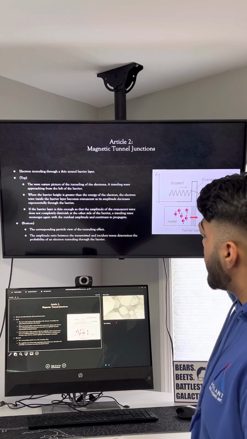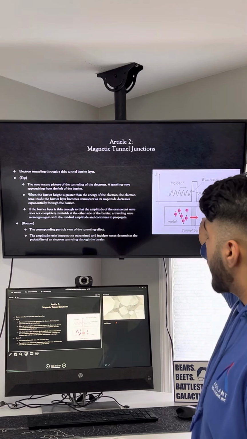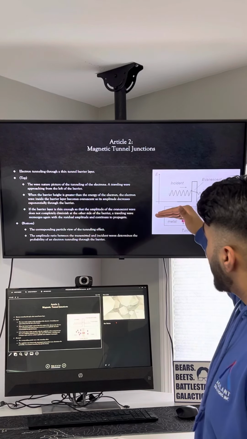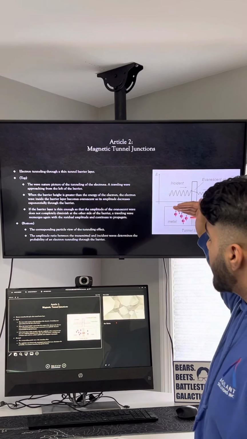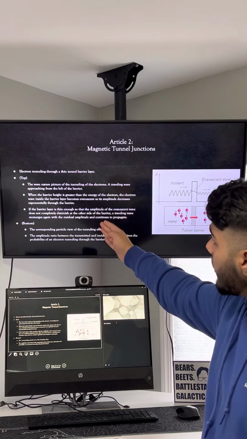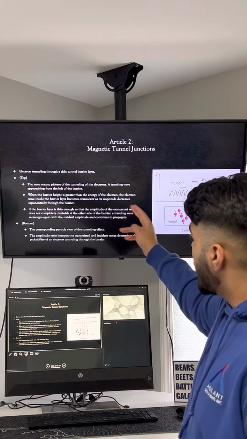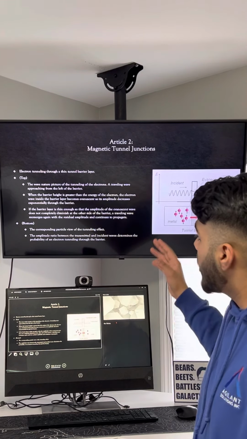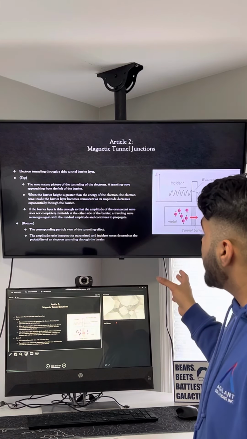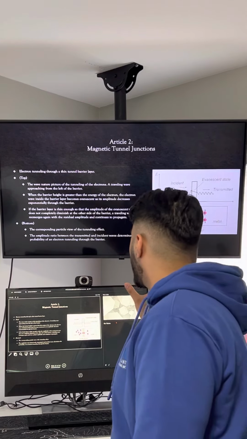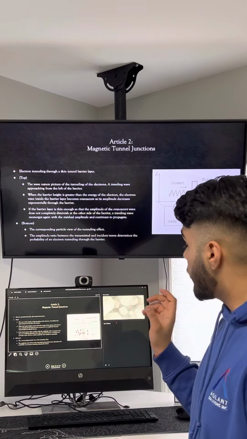the wave inside the barrier becomes evanescent. Its amplitude decreases, like the up and down, that's the amplitude, the range of that, exponentially through the barrier. If the barrier layer is thin enough so that the amplitude of the evanescent wave does not completely diminish at the other side of the barrier, a traveling wave reemerges again with the residual amplitude and continues to propagate.